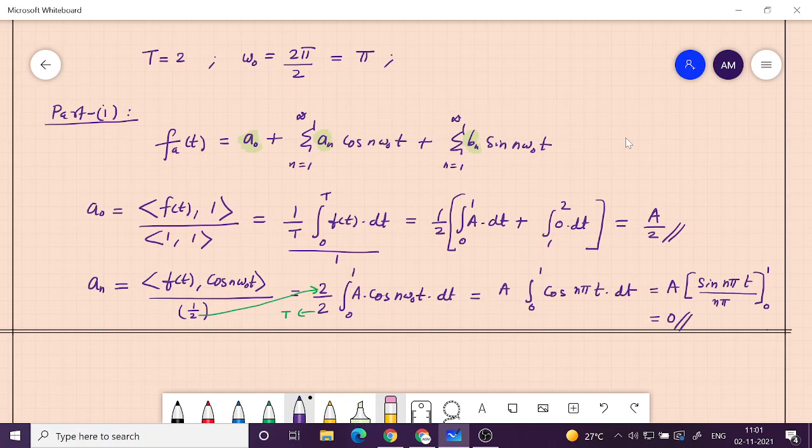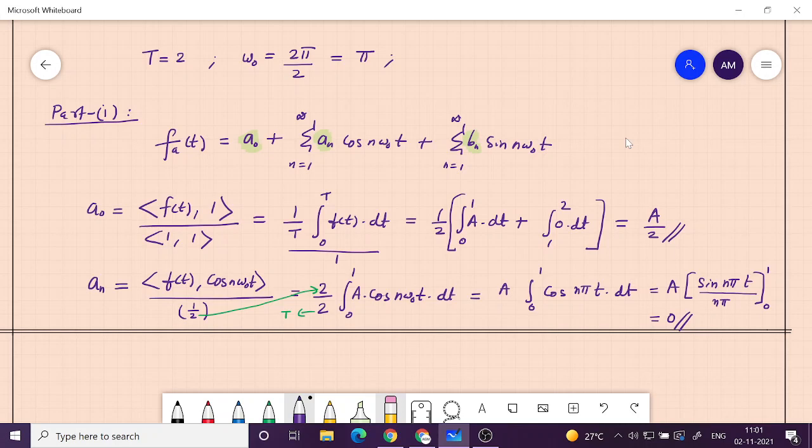What does that mean? Better not take any cosine function in the expansion. If you take a cosine function, you are going to make it worse. It won't be a good approximation.